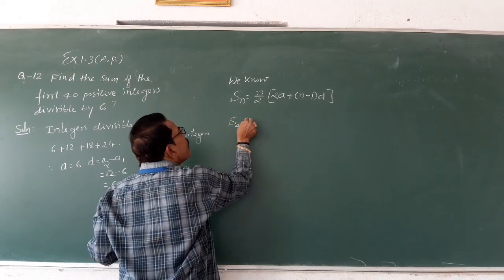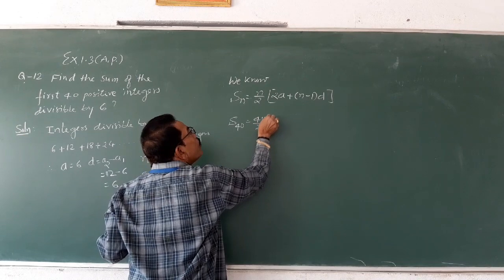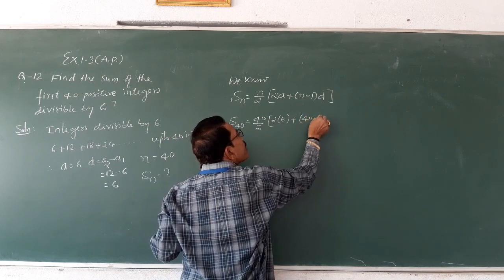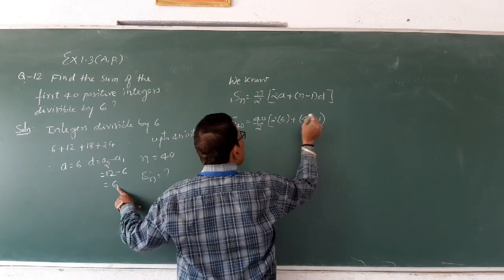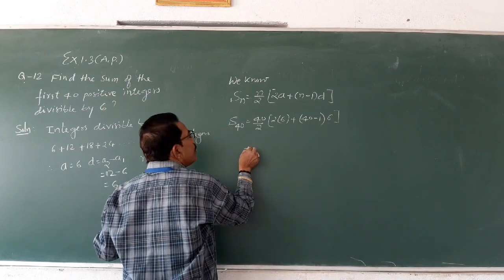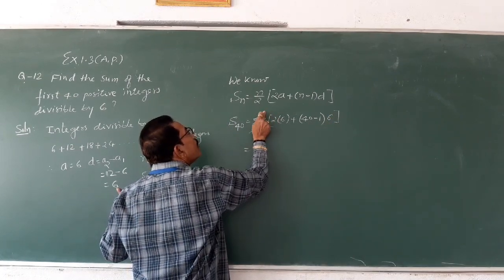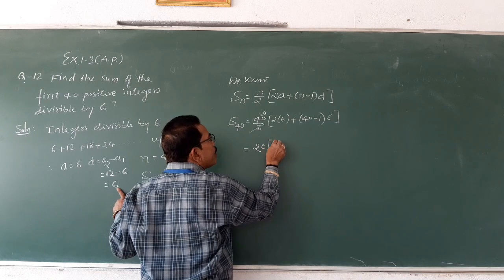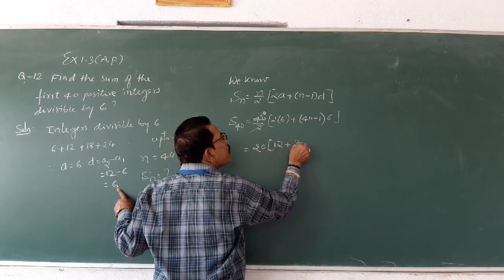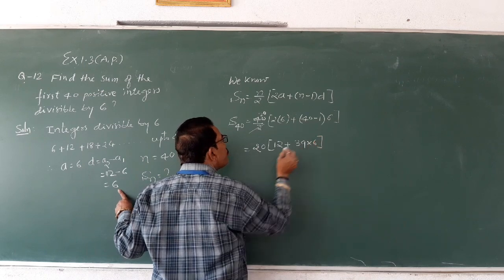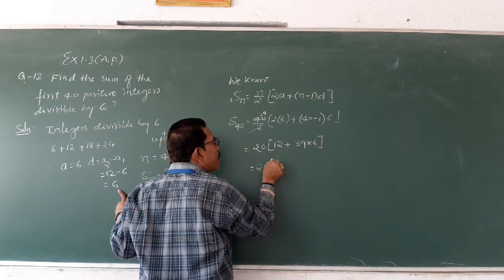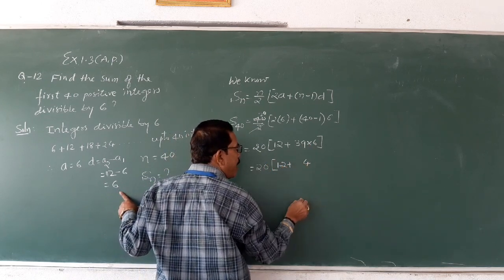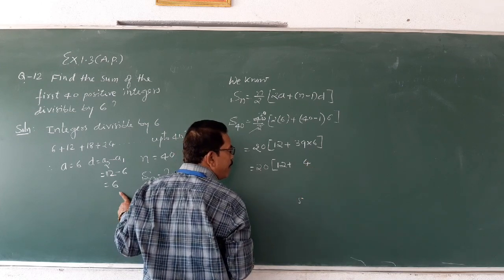So 40 by 2, 2 into 6 plus 40 minus 1 into d, 6. 2 ones are 2, 20s are 20 in the big bracket, 6 2s are 12 plus 39 into 6. 20 in the big bracket, 12 plus 6 9s are 54, carry 5, 6 3s are 18 plus 5.